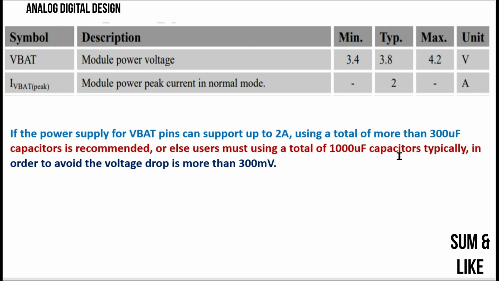It also provides some current during this phenomenon. When the emission burst happens, the output capacitor at the power supply point, the module point, also provides the current to handle this emission burst. So the capacitor is also used.